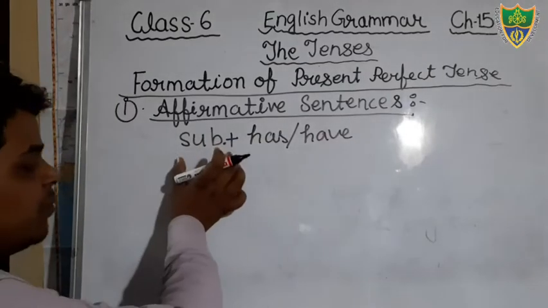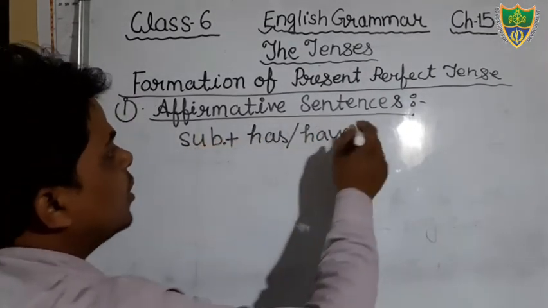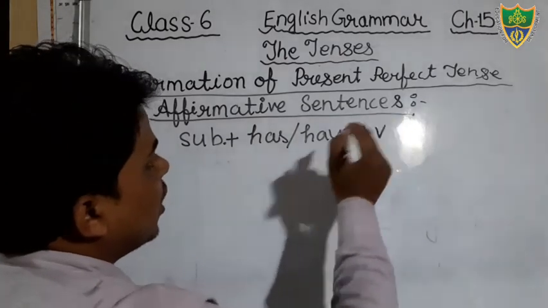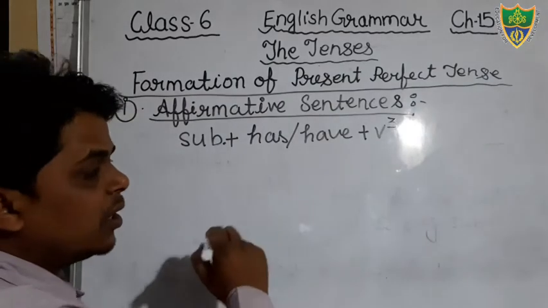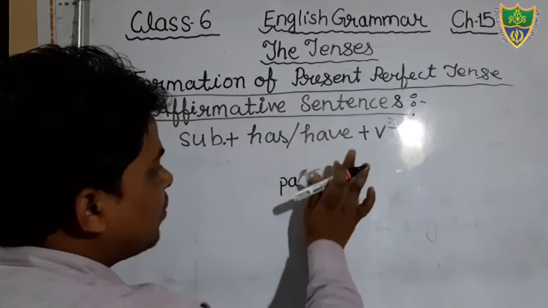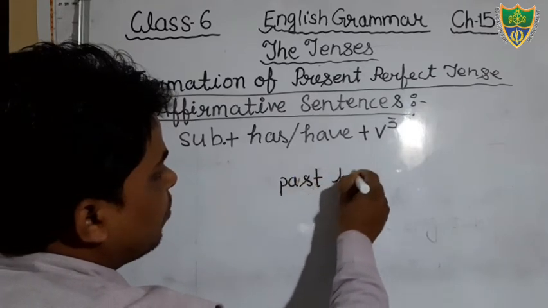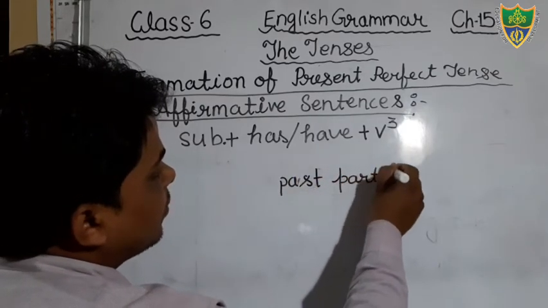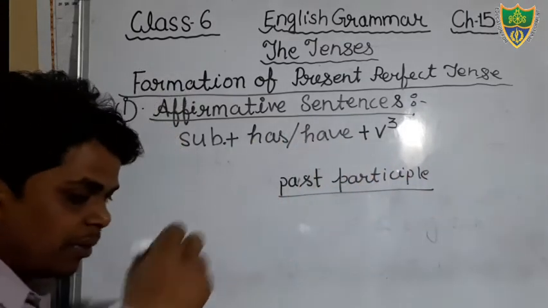Then after that, the verb, and the verb will be in the third form of the verb. It means the past participle form of the verb. We have to use the third form of the verb.